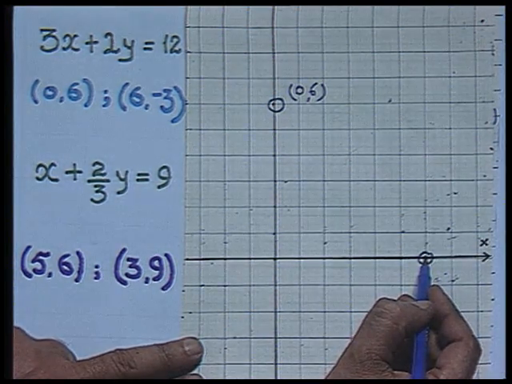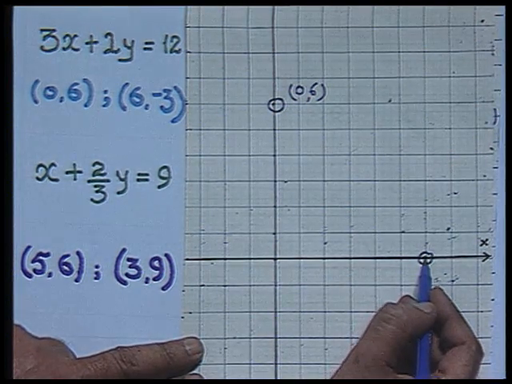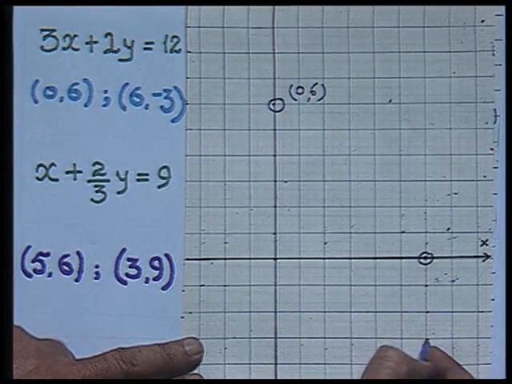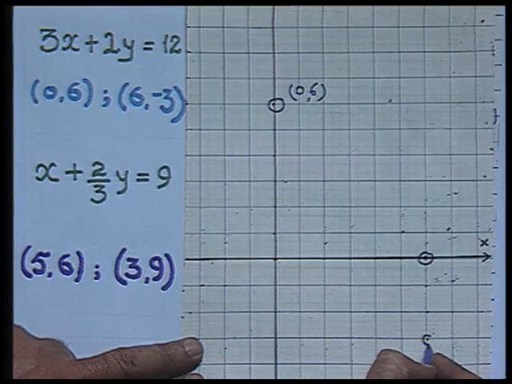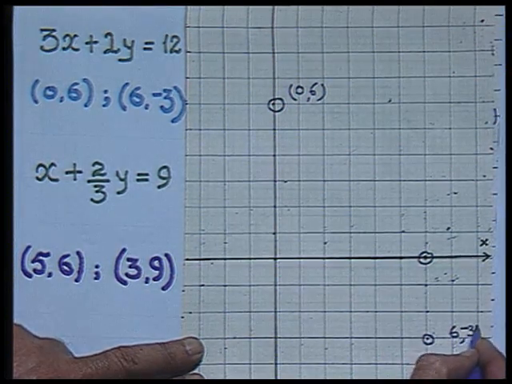But I want the point (6, -3). For minus 3 units, which direction do I move? I will move down, 1, 2, and 3. So this point is (6, -3).